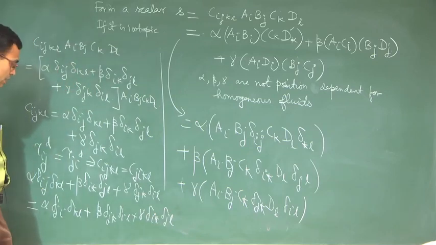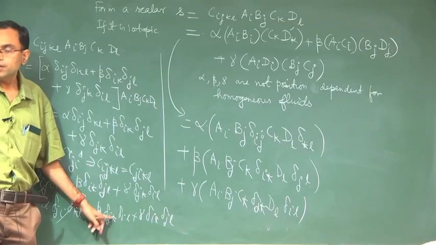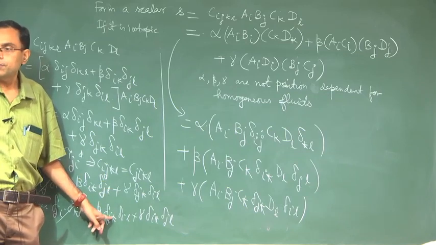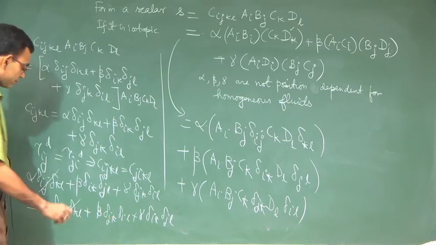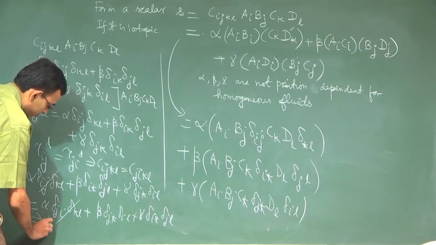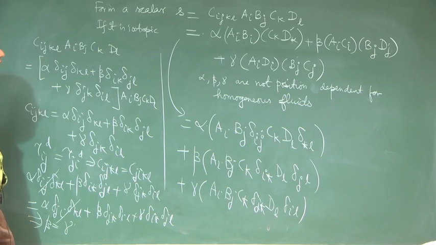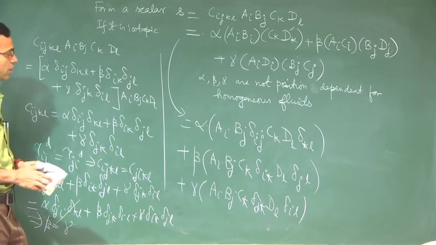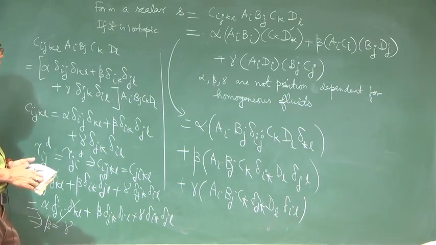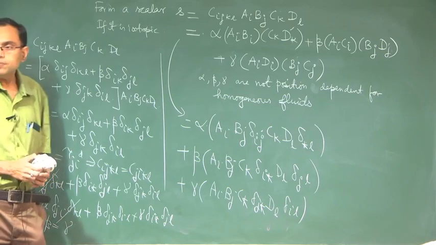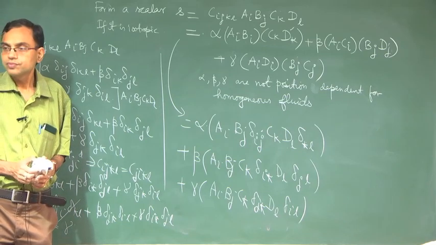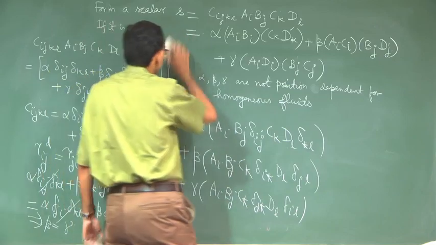Now, these two get cancelled. So from this equation you can clearly get that beta is equal to gamma. So when you have beta equal to gamma, your number of unknowns comes down from 3 to 2.